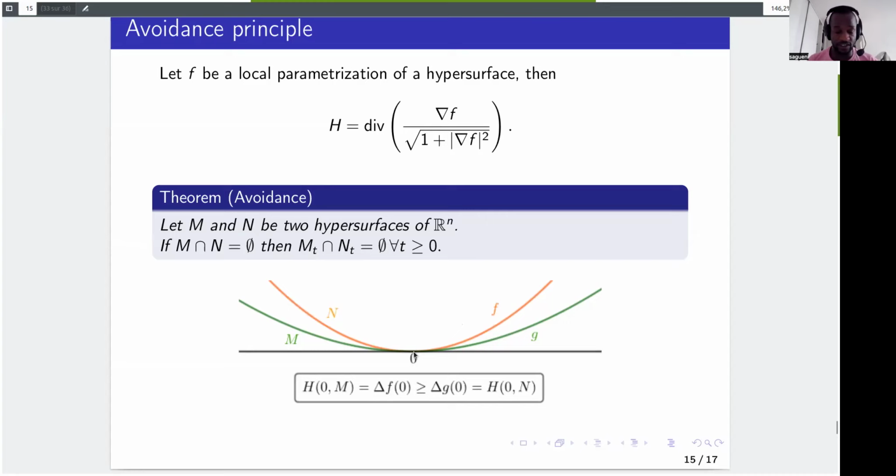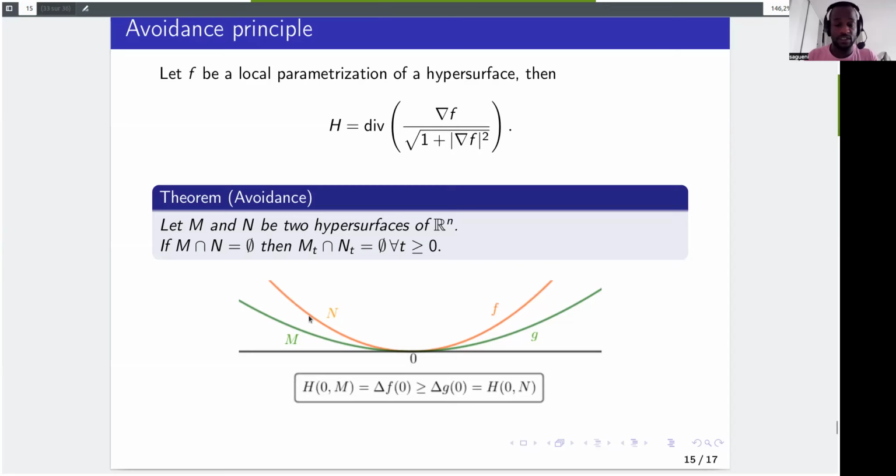If they touch, the mean curvature of N is bigger than the mean curvature of M. If they do not intersect, the mean curvature is strictly bigger, so they will not intersect at any time. This is somehow how to prove this principle.